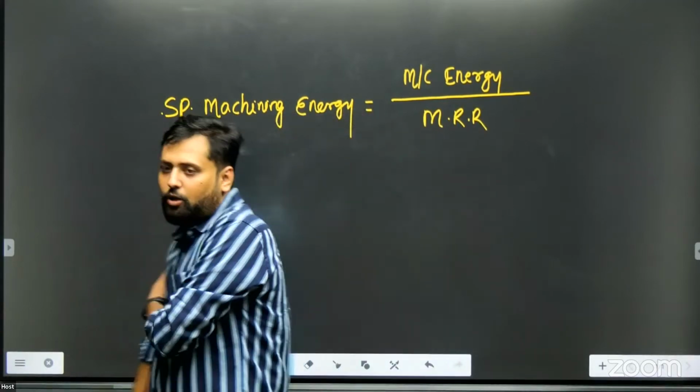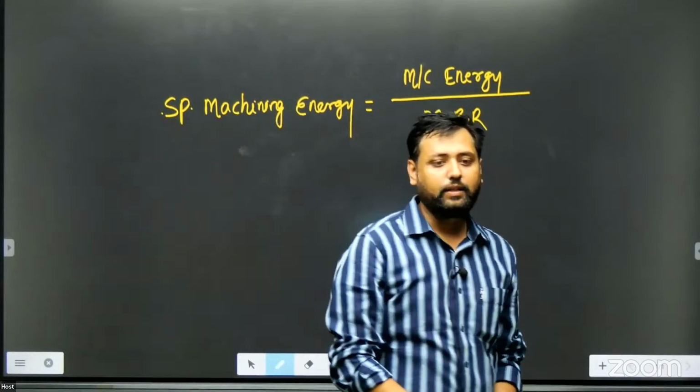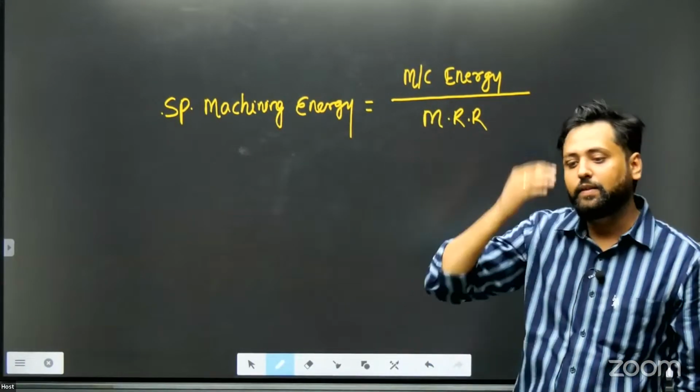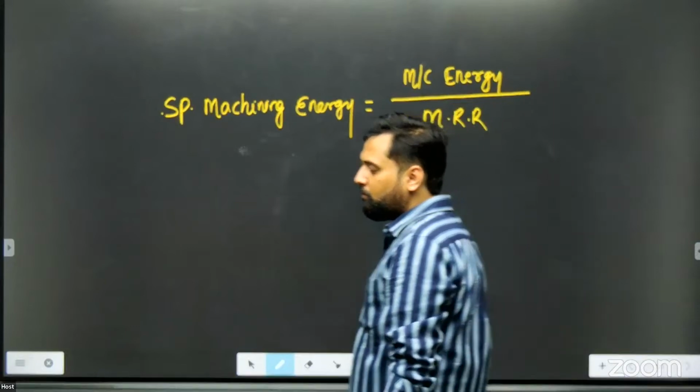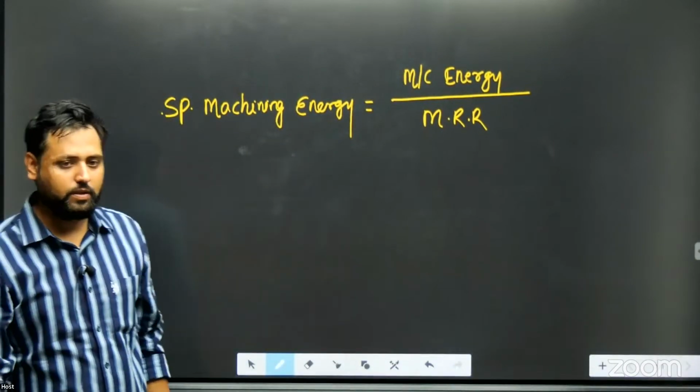In grinding, what do you observe? How is the MRR? You all know in grinding, the metal removal rate is very, very less as compared to any other conventional machining process.